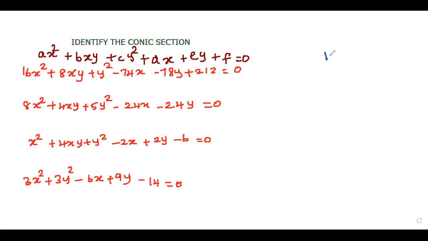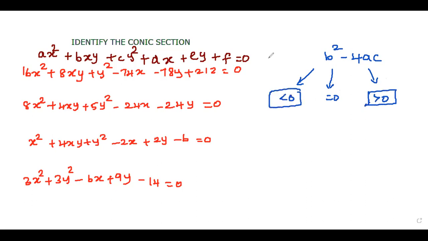And we have to check the condition b squared minus 4ac is equal to 0, or greater than 0, or lesser than 0.